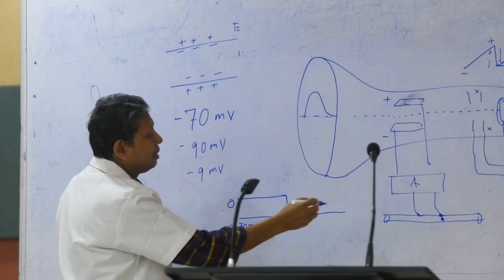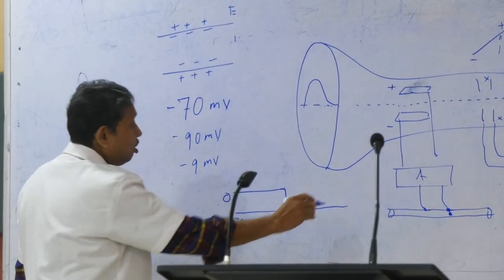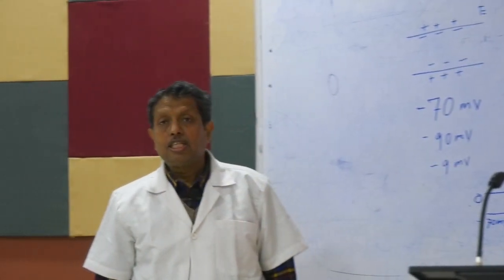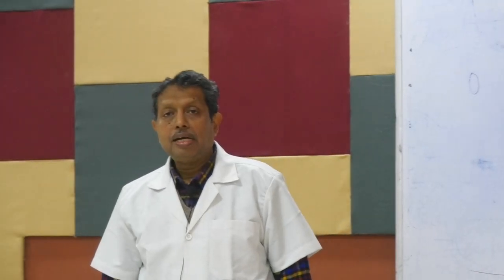Suppose from this value you get another value, minus 70 millivolts. When it is inside, you get a steady potential. Steady means it is not fluctuating, it is in a stable state. It is called the resting membrane potential.